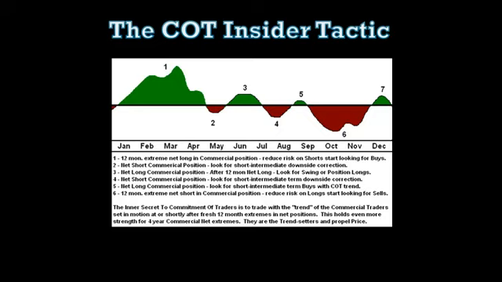Point number 3 is a net long commercial position, and after 12 months extreme, as we see in point 1, the trend is now engineered by the commercials. So this is the ideal condition to be buying in.